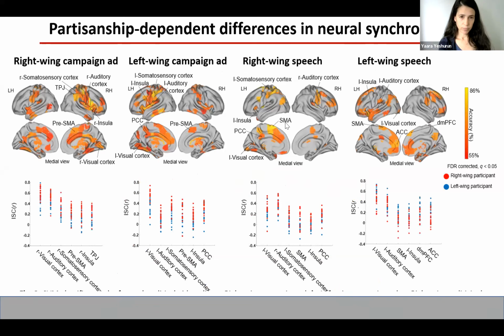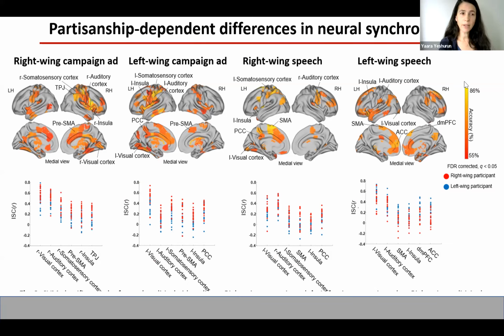And this is what we got. What we can see here is the SVM classifier. The yellowish orange patches are regions where the classifier was significantly above chance, significantly accurate. And the accuracy level ranged from 55% to 86%, which is quite a lot.